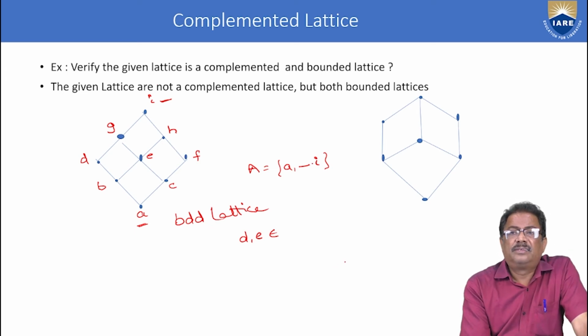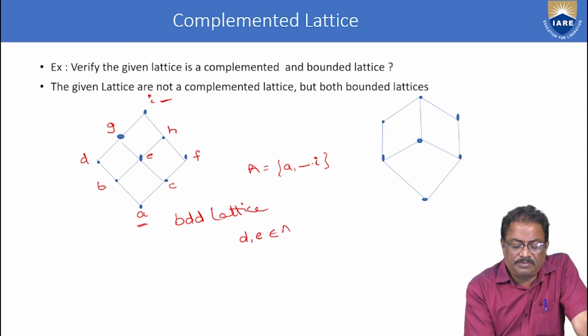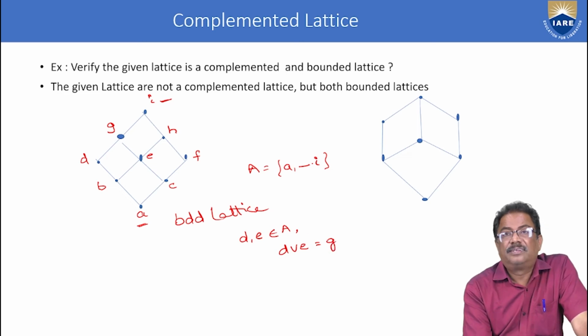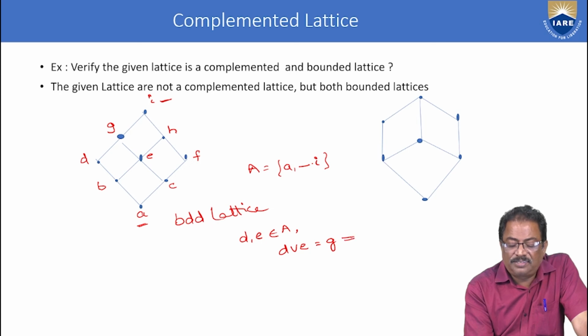A to I. Okay, so let us take A. Then what is the least upper bound of D, E? The least upper bound of D, E is G, which is not the greatest element.